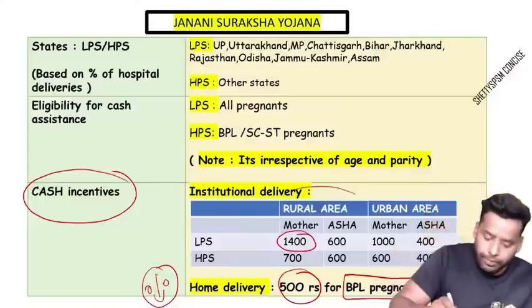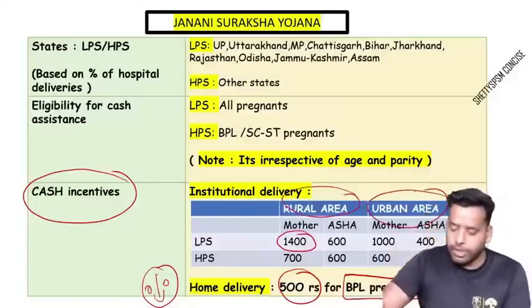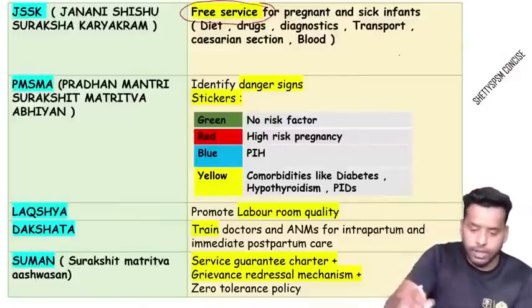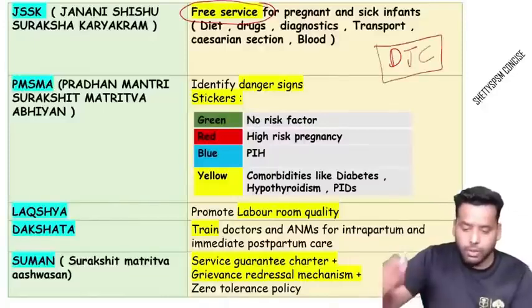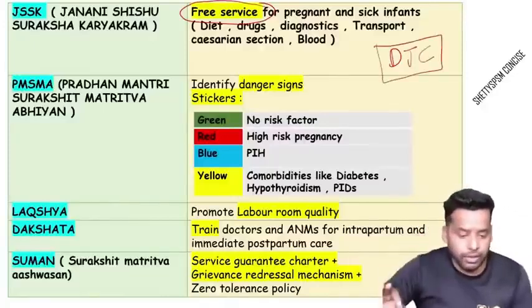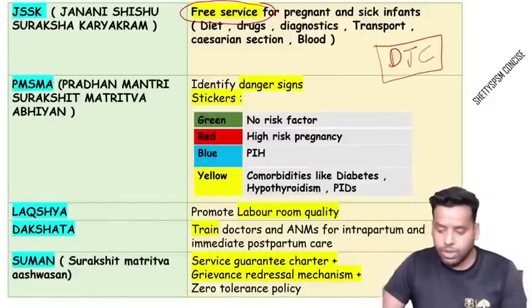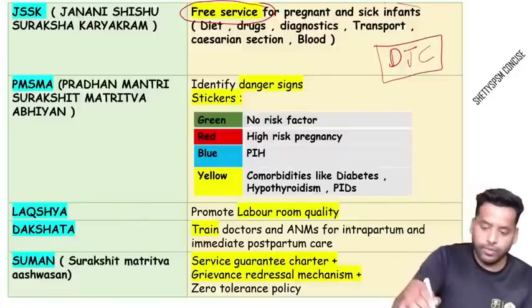JSY will give money. What is that scheme which gives free services? We say the mnemonic DTC, Delhi Transport Corporation. Janani Shishu Suraksha Karyakram means infant.